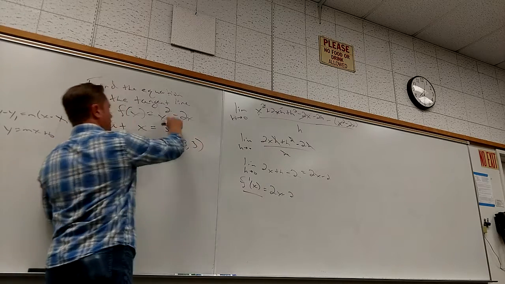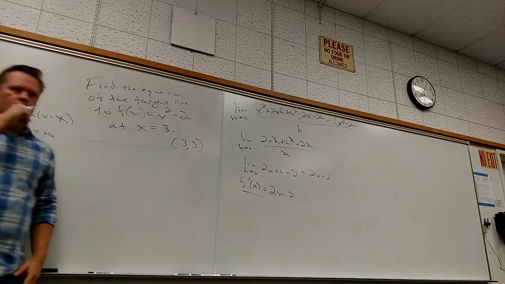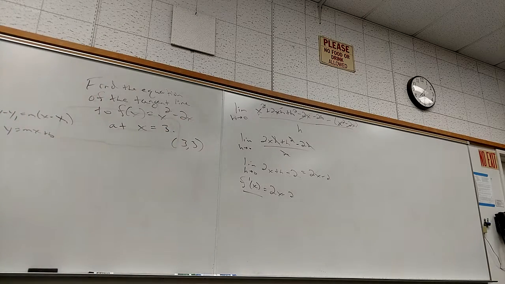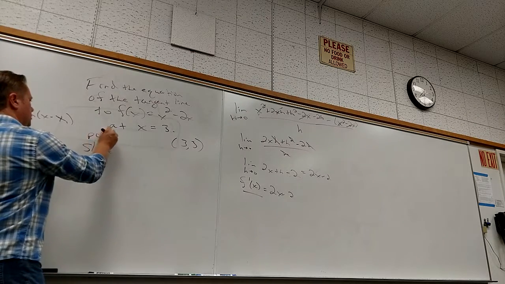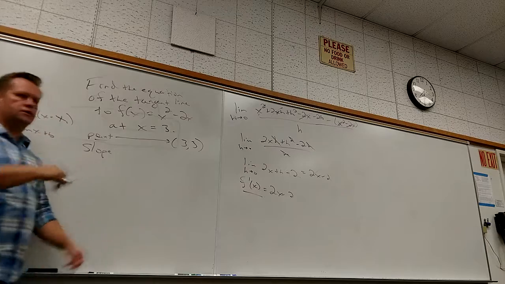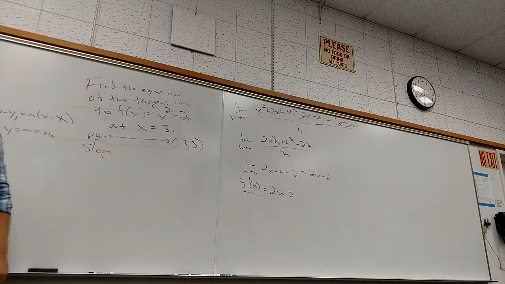Three. I love it. So 9 minus 6 is 3. Yeah, so there's the point. Now how do I find the slope? Plug it in where? We got the point. Point is the same as always. Just plug x in, see where it is.